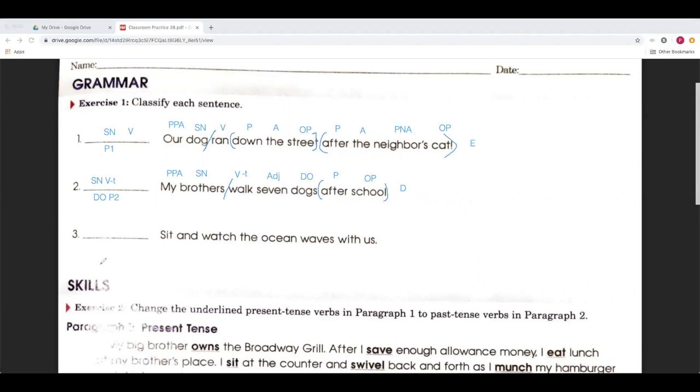The next one, sit and watch the ocean waves with us. Who sit and watch the ocean waves with us? You implied, so let's write you in parentheses right here.